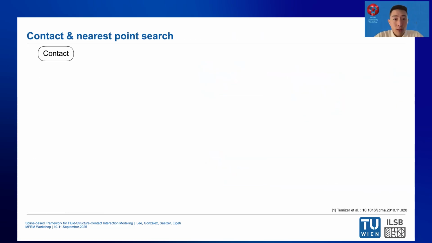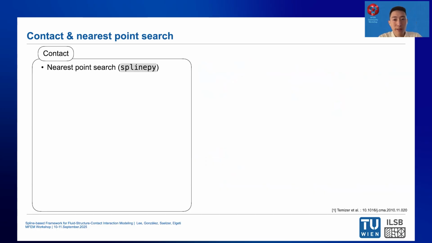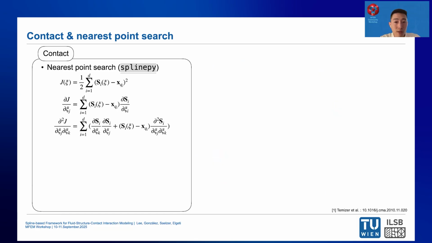Yeah, so the contact module. First, I'd like to highlight the nearest point search. Sadly, this wasn't as straightforward as I expected. Here we have a square distance minimization problem, and we initially thought that Newton iteration would magically take care of everything.